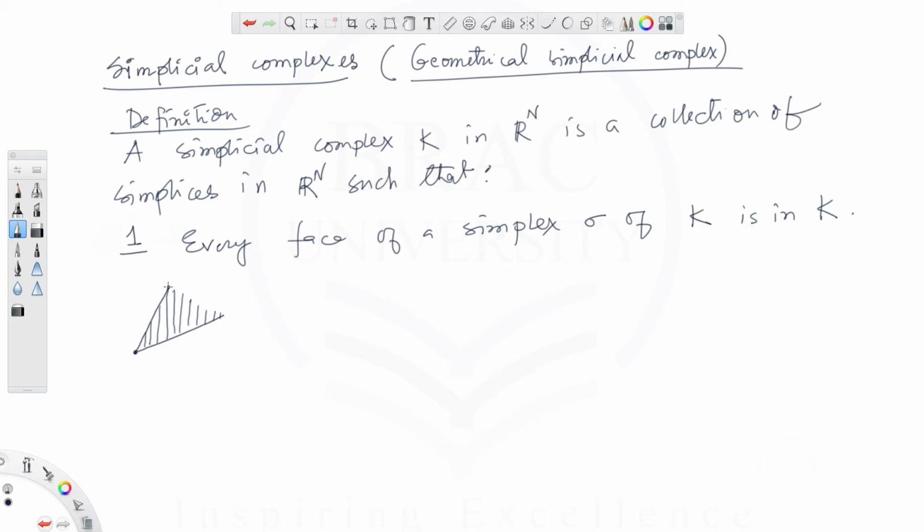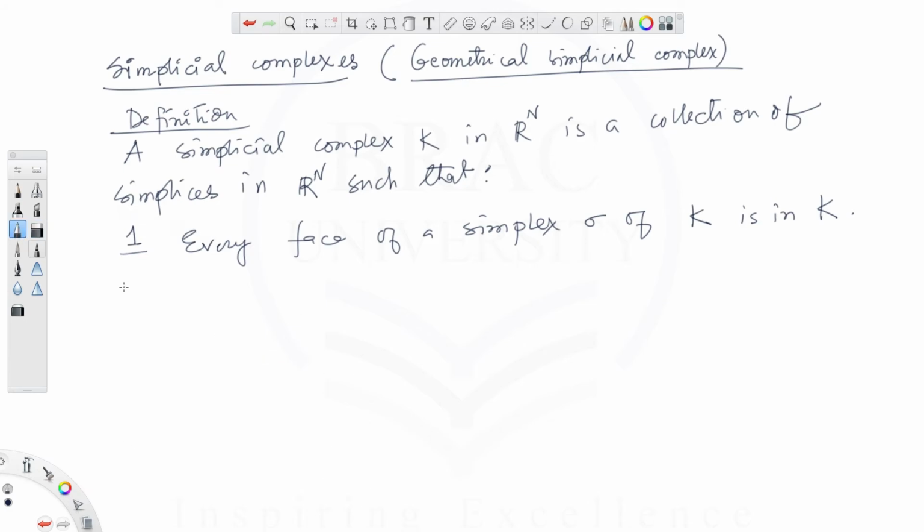This vertex is present, this vertex is present, this vertex is present, but this face is not present. And say we have another two simplex here, and a one simplex here like this. We cannot call it a simplicial complex because for this simplex the face is not included, so property 1 fails.